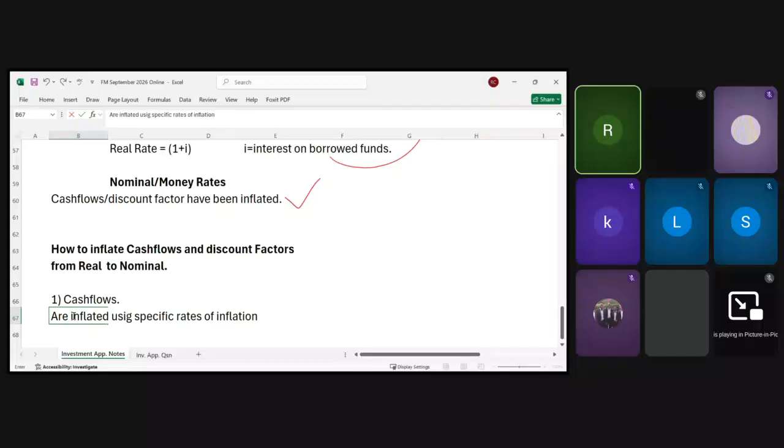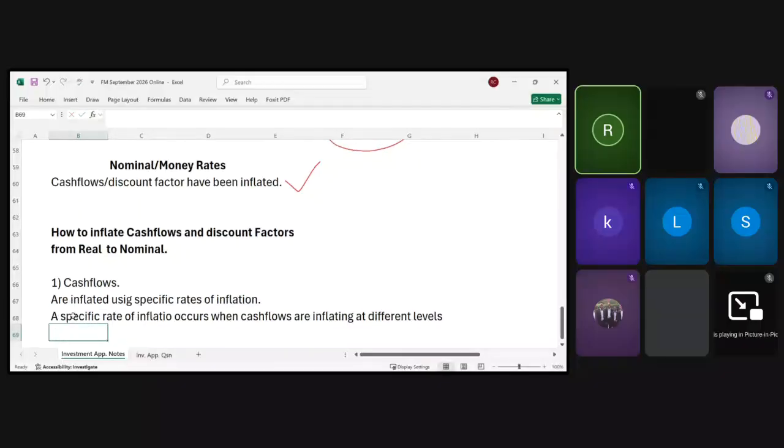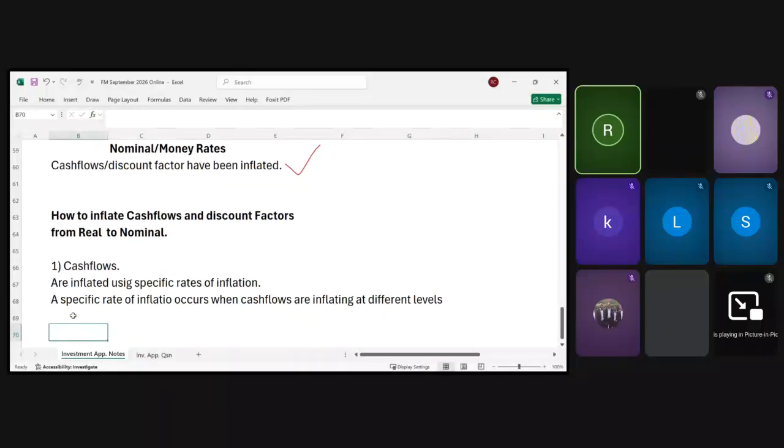What is a specific rate of inflation? A specific rate of inflation occurs when cash flows are inflating at different levels.